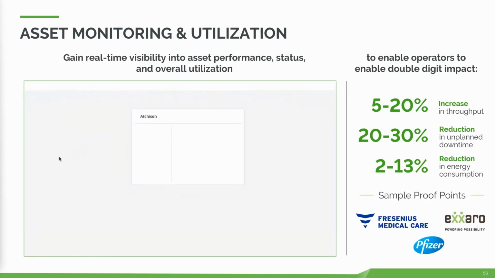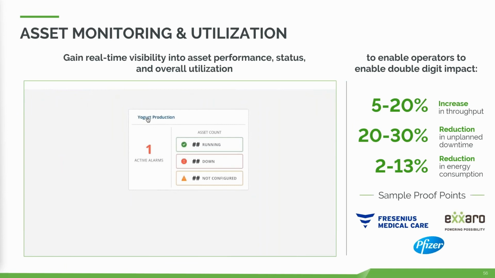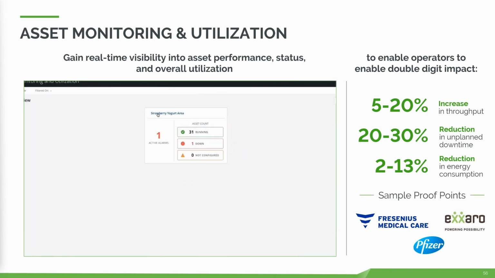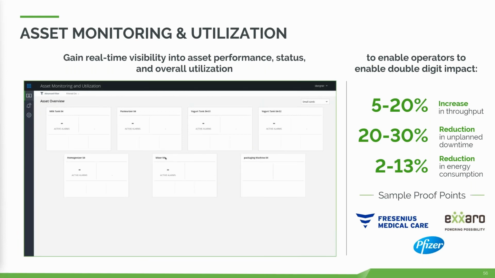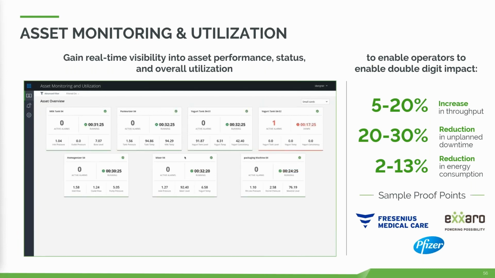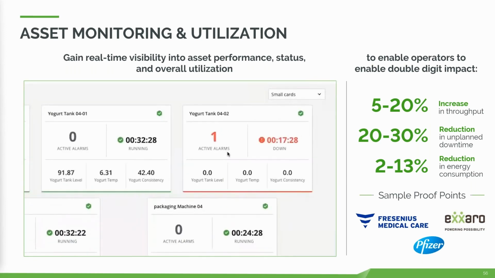Other tools inside there, so on the manufacturing app side of things, there's two options. There's the AMU, Asset Monitoring and Utilization tool. This is really more of a smaller scale than the DPM I just talked about. This is really to give you that sort of overview to make sure that all your assets are running, pop up any alerts and alarms, let you know straight away that things are going on so that they can be reacted to quickly by the people responsible for keeping the factory running, okay?